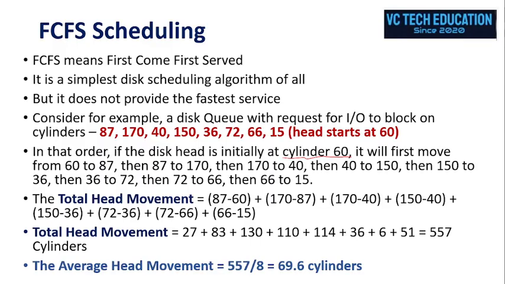So this is about first come first serve. Since the head starts at 60, the next request that comes first is 87. We went from 60 to 87, from there to 170, 170 to 40, 40 to 150, 150 to 36, 36 to 72, 72 to 66, 66 to 15.